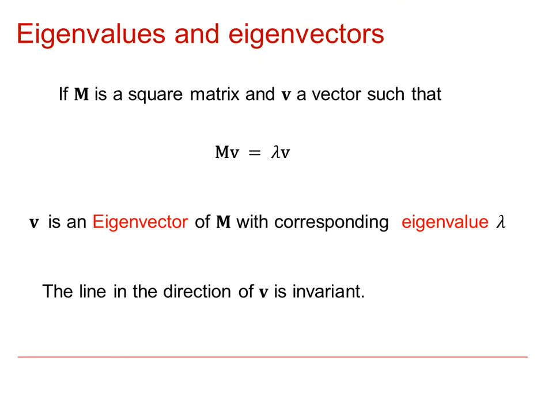So in general we say that if M is a square matrix and V is a vector such that M multiplied by V is some lambda multiplied by V, in other words the vector multiplied by a scalar value lambda, then V is an eigenvector and lambda is an eigenvalue. Then the line in the direction of V is an invariant line.